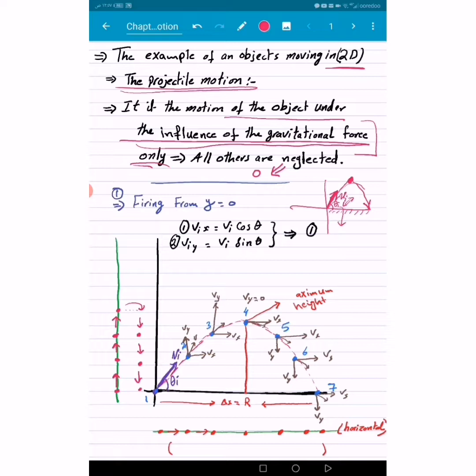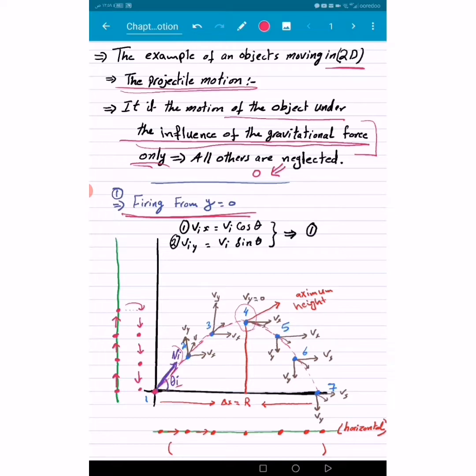First, we describe the first point here. It's fired from y equal to 0. What does y equal to 0 mean? It means it starts from here. So if I fire or launch any object, it moves with an initial velocity and an initial angle, that is the firing angle. Then it moves until a point, for example point 4.